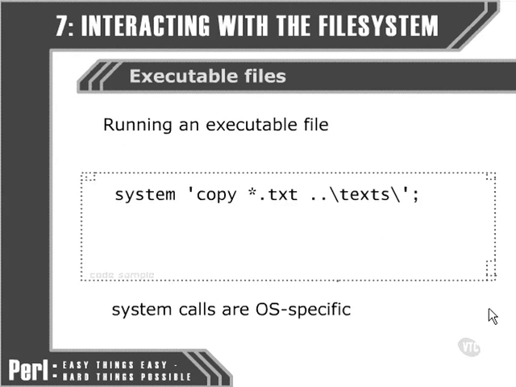However, as soon as we start getting into running other programs, then those programs have to be available on the file system, and we have to invoke them in a way that is consistent with the syntax requirements of the operating system shell. So we need to be aware that when we start getting into using executable files, we have to be careful if we want our scripts to remain platform independent.